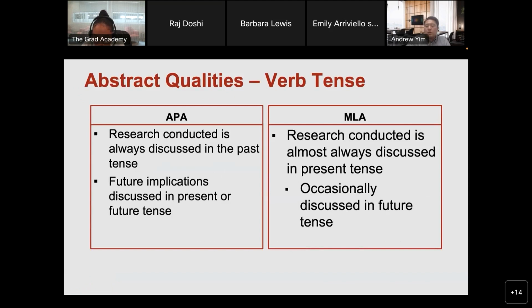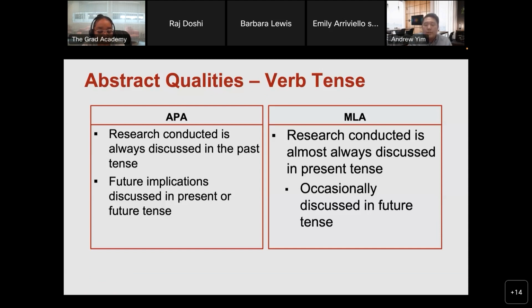Some things I want to talk about in today's session is the difference between APA and MLA. When it comes to abstracts, for people who write APA papers, you want to make sure that when you talk about your research, you might be talking about it in the past tense. And when you talk about your implications in your abstracts, it might be more in the present or future tense.